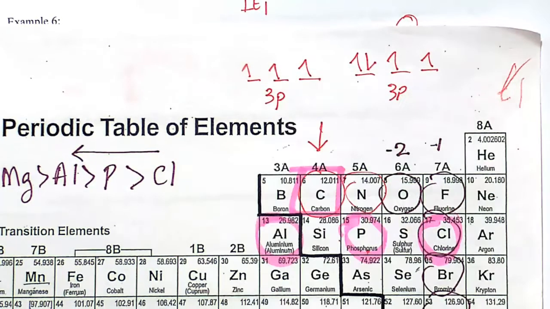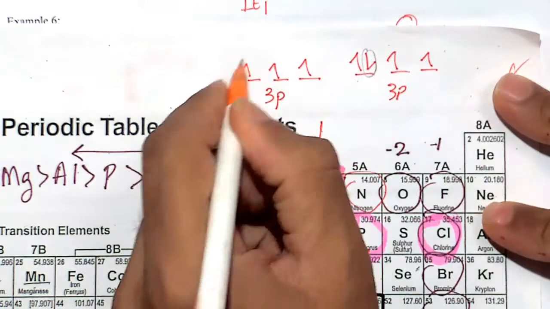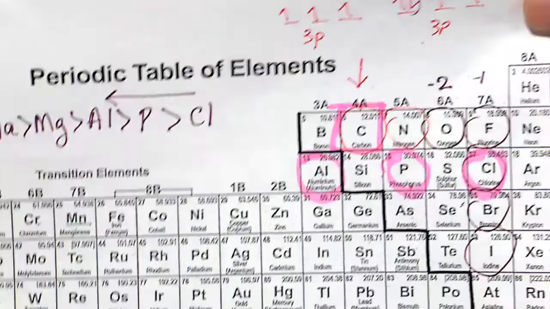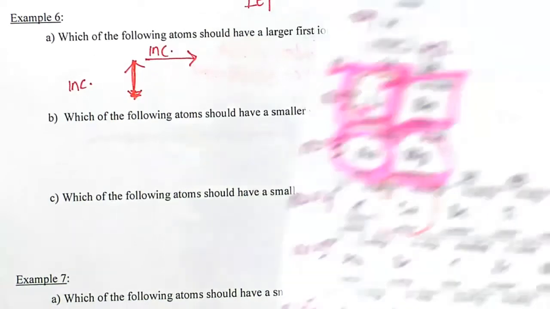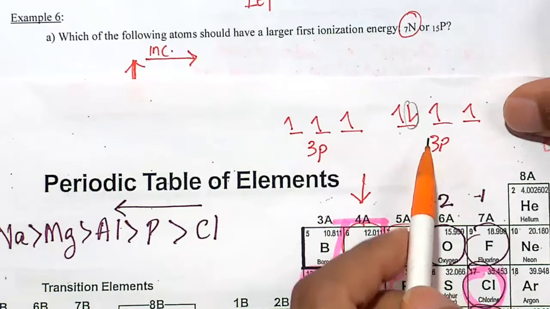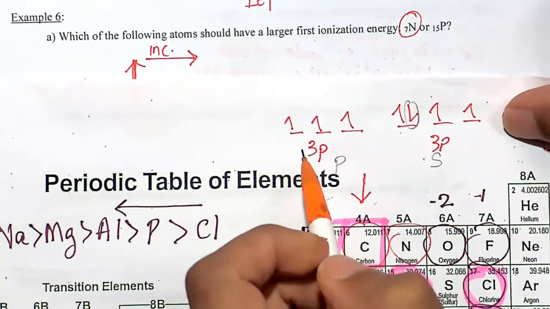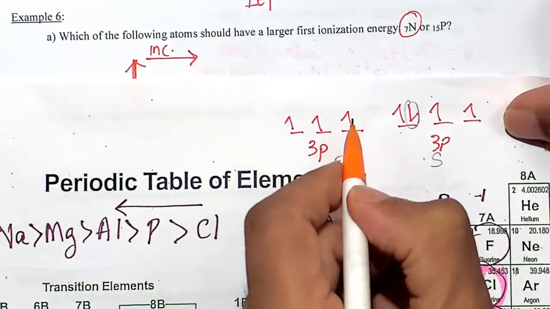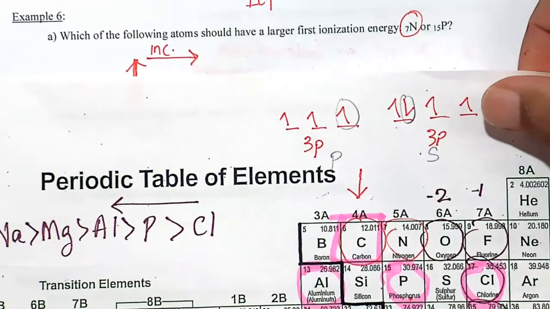It's going to take a lot more energy to remove this electron from phosphorus because its half-filled configuration is already stable by itself. So sulfur will have the smaller first ionization energy, and phosphorus would have the larger one, since it takes a lot of energy to remove that electron from phosphorus, which is pretty stable.